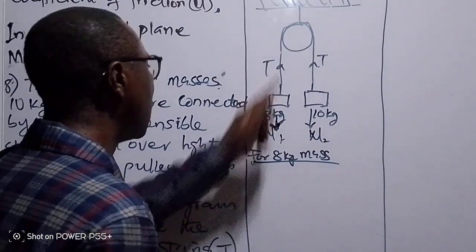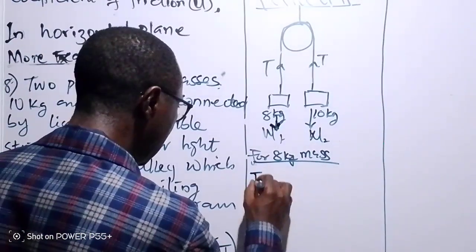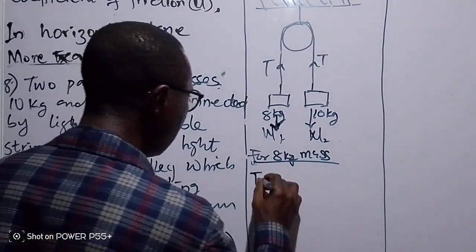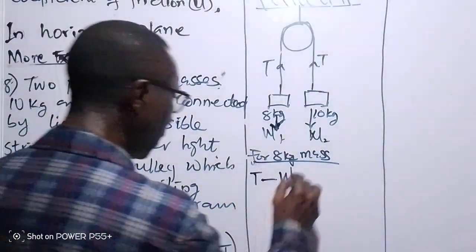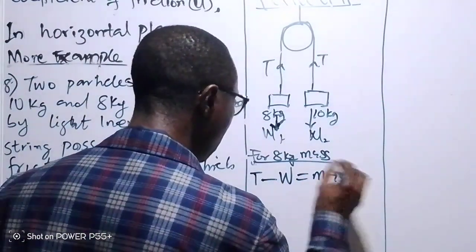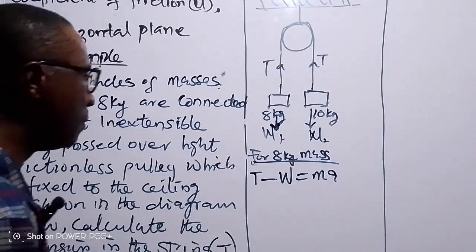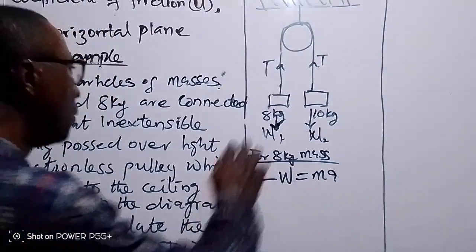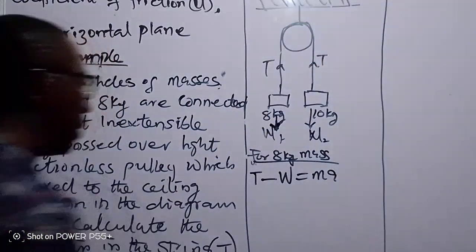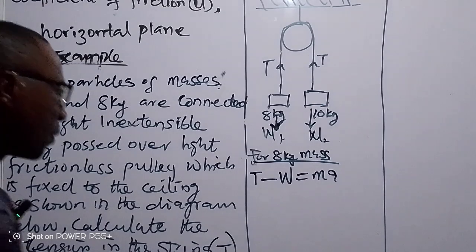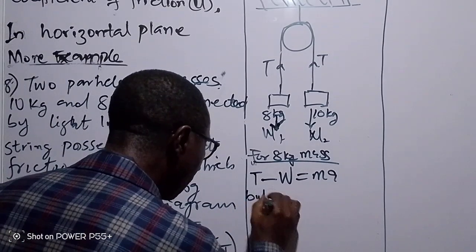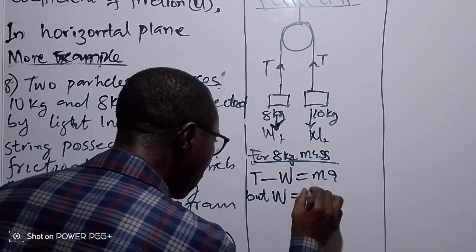So it will be T minus W is equal to MA. Why is it MA, not equal to zero? Because the particle is in motion. That is why the question says you calculate the acceleration. Now, from this one, W is equal to mg.